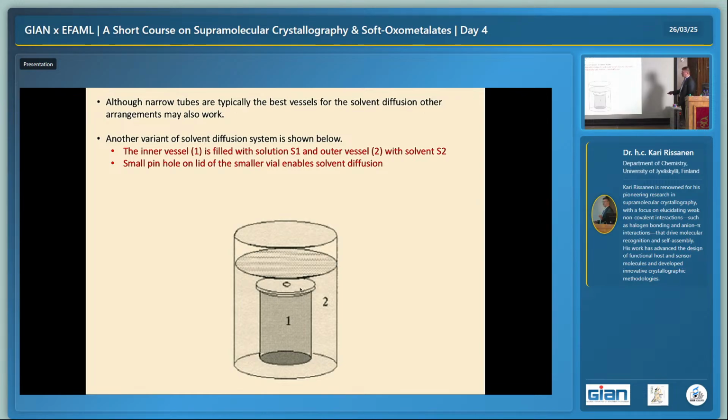And through this small hole, the two will diffuse. And then the local concentration in here will change. So this is a little bit easier technique. And it's called solvent diffusion. And that's the idea. That's a very simple thing to do. And this is much easier in practice than the long tube.